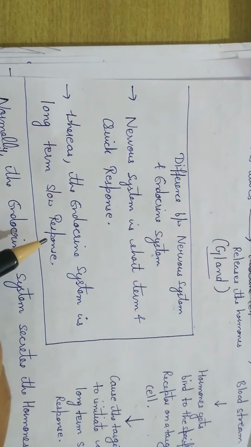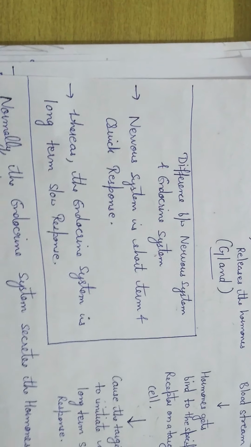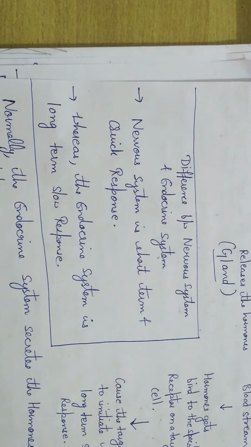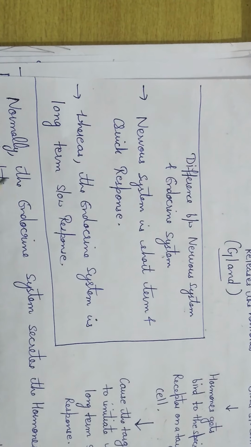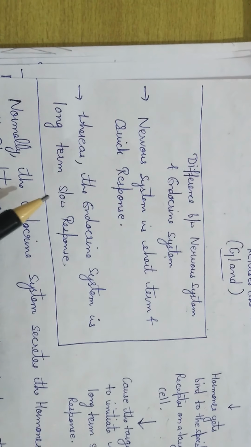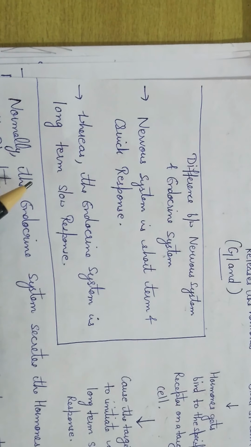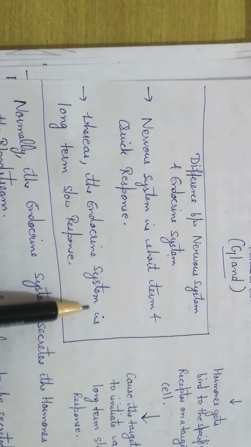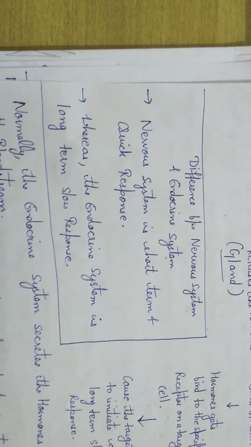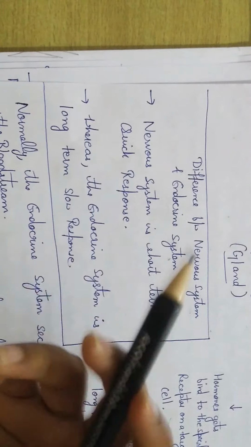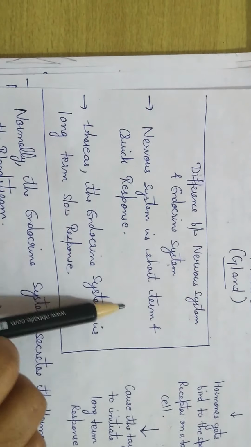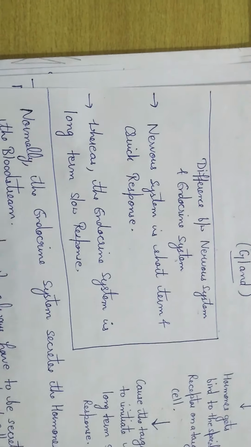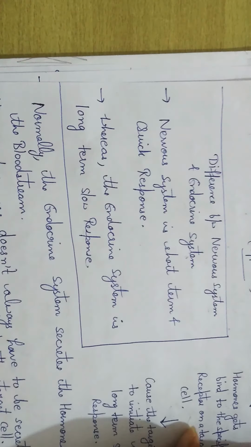That is why when we take a medication that has to maintain the hormone level in the normal state, the patient has to take those medications regularly for 2 to 3 months. So we can say from that point that the endocrine system is long term. We have to take long term medication and it is also a slow response, but the nervous system is short term and a very quick response. Okay, so this difference should be clear.